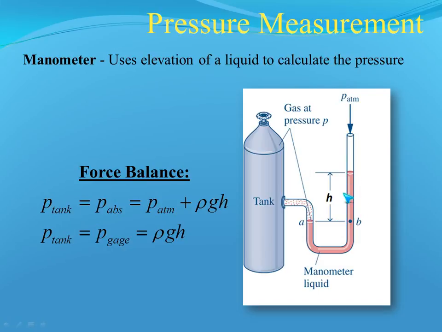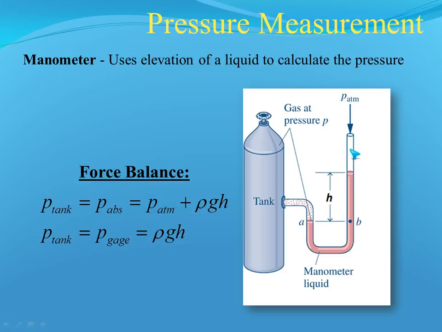Well, that force, in this case, is forcing a liquid to move up what we call a column, right? And so we end up with a height difference, which is the column height. Based on that height difference, we can determine what the pressure is inside the tank. So in this case, if we look at the absolute pressure calculation, remember that takes into account atmospheric pressure.